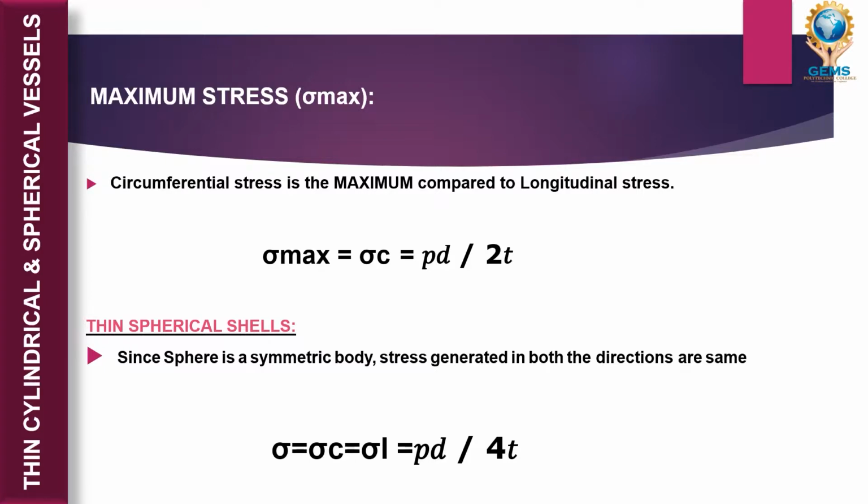So the maximum stress will be equal to the circumferential stress, and we know the formula for circumferential stress. That is PD divided by 2T, where P is the internal pressure of the fluid, D is the internal diameter of the cylinder, and T is the thickness of the wall of the cylinder.